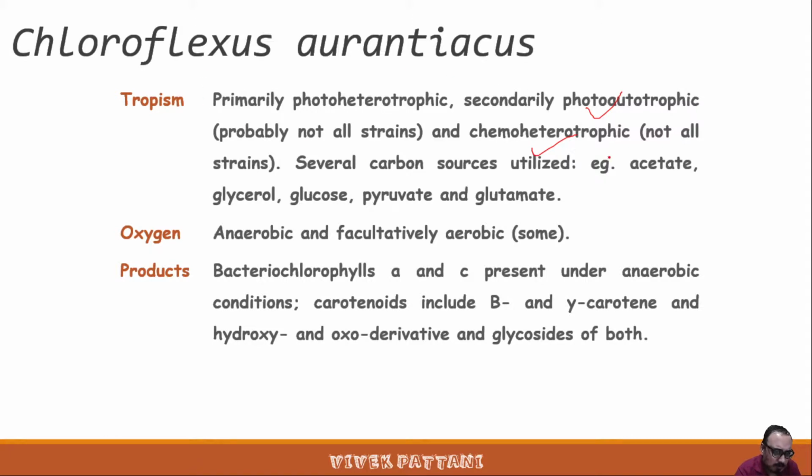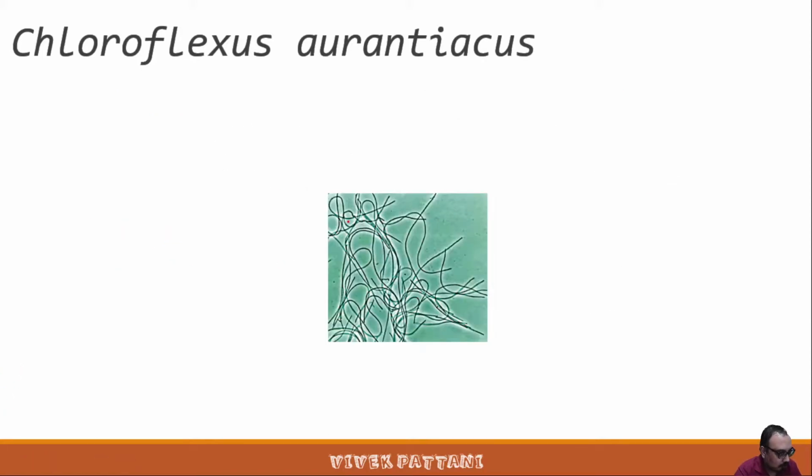Several carbon sources are utilized, for example acetate, glycerol, glucose, pyruvate as well as glutamate. Similar to other bacteria, they can grow chemolithotrophically with hydrogen sulfide as electron donor, but in dark conditions they can grow aerobically as chemoheterotrophs also. Now you can clearly see the structure of Chloroflexus, which has long filaments.